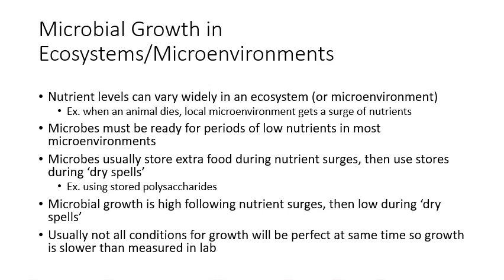So most microbes need to be prepared for long periods of low nutrient availability, and they need to be ready to take advantage of nutrients whenever they do come around. In general, microbes will store nutrients whenever there are a lot of nutrients. They will make excess of whatever kind of food molecule they are making, or convert their nutrients into a form that can be stored.